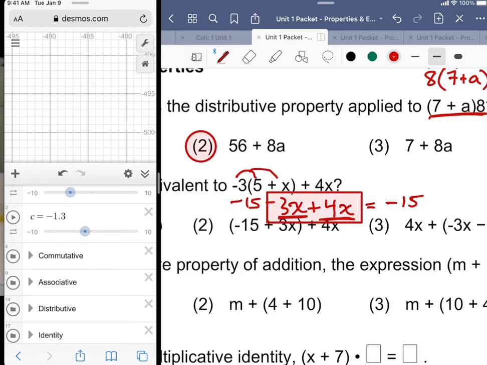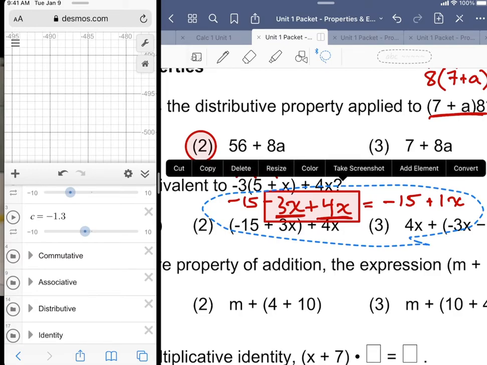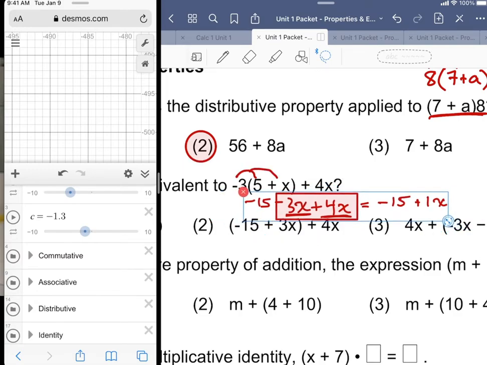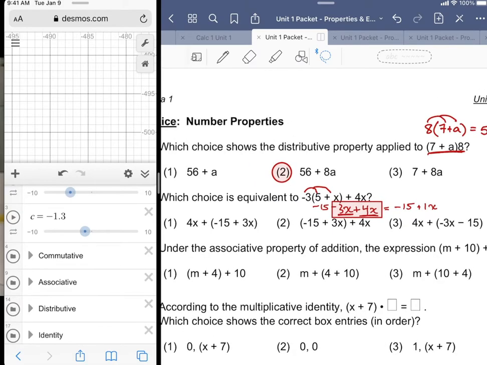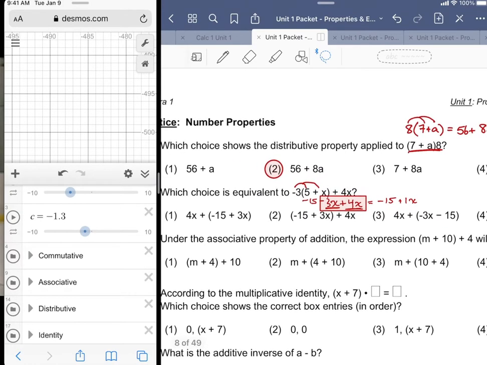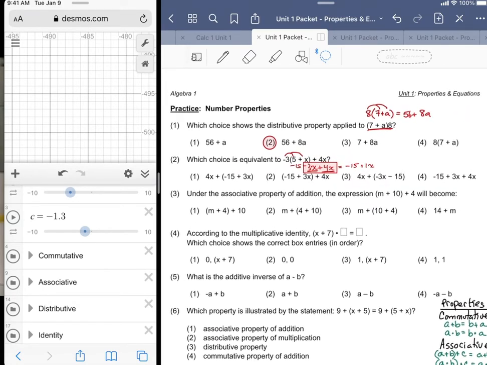And say, okay, well, what's negative 3x plus 4x? Negative 3 plus 4 is 1, so plus 1x. One x or just x. All right, you don't have to worry about leading coefficients or anything like that. When it's a 1, you can drop it if you want.